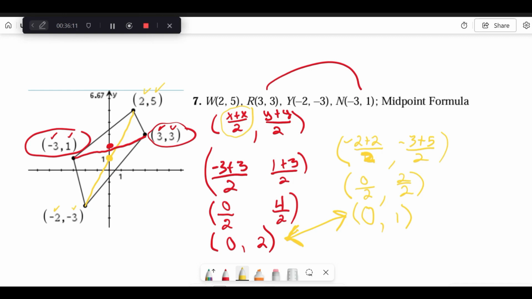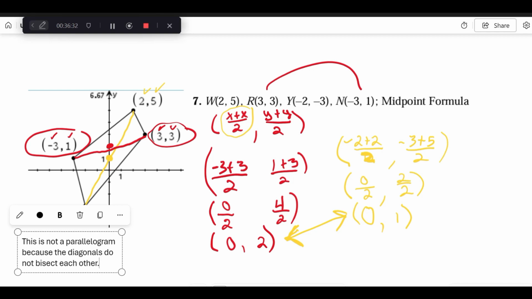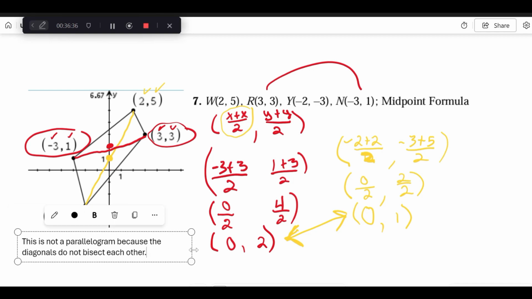So my answer here is going to say this is not a parallelogram because the diagonals do not intersect. Well, I'll use their language. They do not bisect each other, or they do not intersect at each other's midpoint. It's another way to say they do not bisect each other.